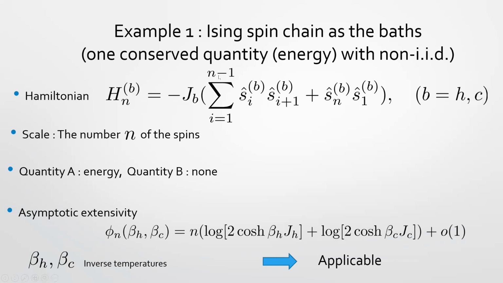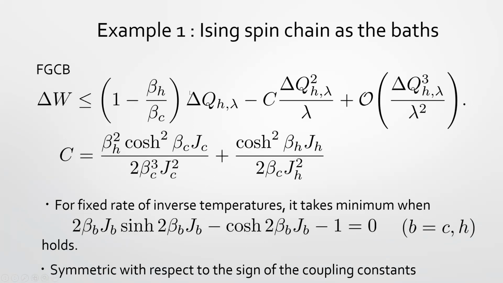We have only an integer scale parameter, and this is the Hamiltonian in this way. And we consider this function phi in this way, and this is the potential function. Once we obtain that potential function, we can calculate everything in this way.